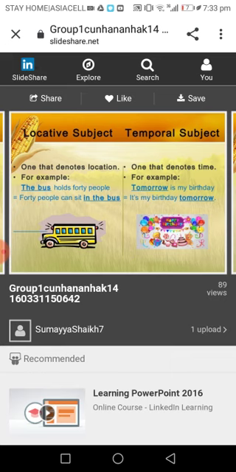Or I usually get up at 6 o'clock, so 6 o'clock refers to temporal. Here there is no exact position for temporal. Sometimes it occurs at the beginning, sometimes at the end of the sentence. So it depends on the sentence.